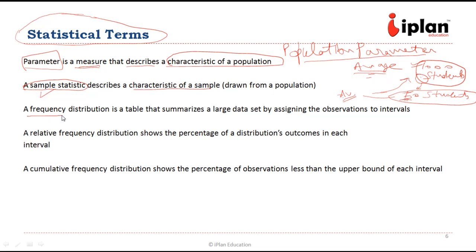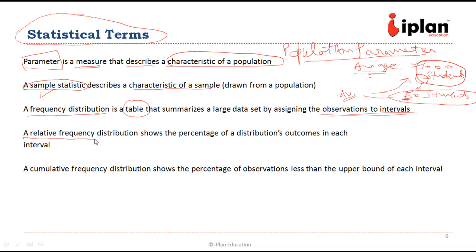A frequency distribution is a table that summarizes a large data by assigning the observations to intervals. So frequency distribution is, we look at the data, divide it in terms of intervals and see within that intervals how many numbers of data points are fitting into. We'll look at an example to clarify this further.